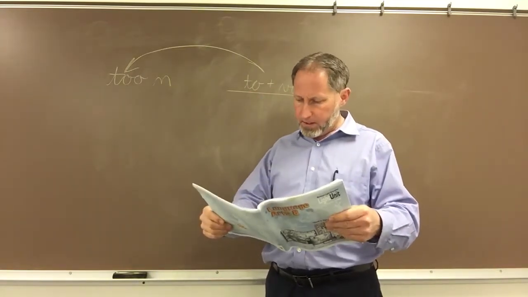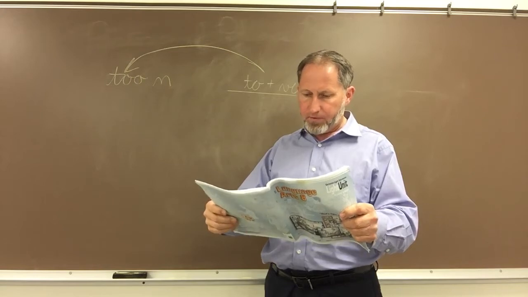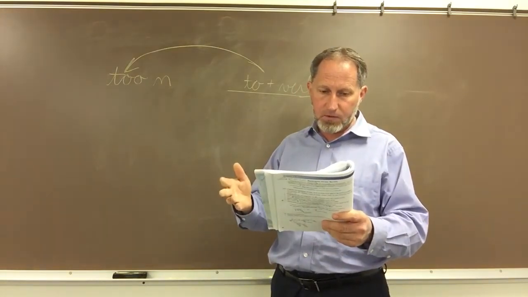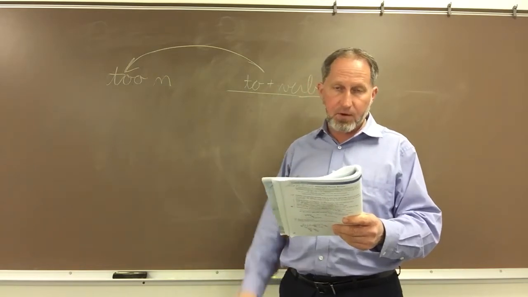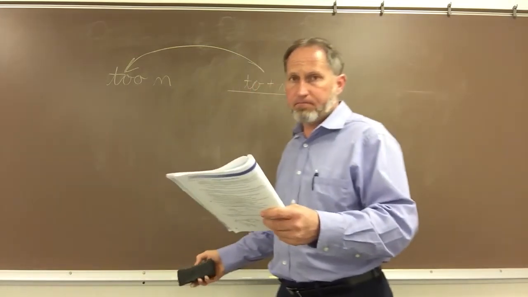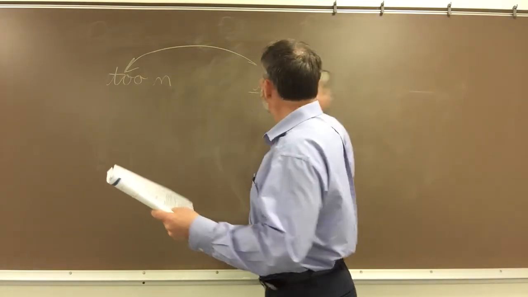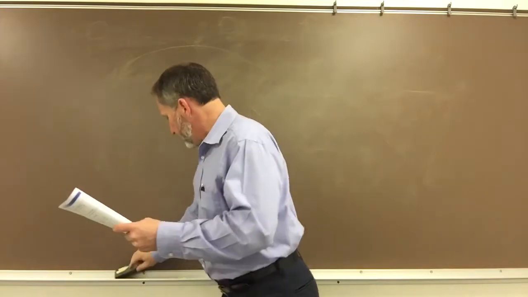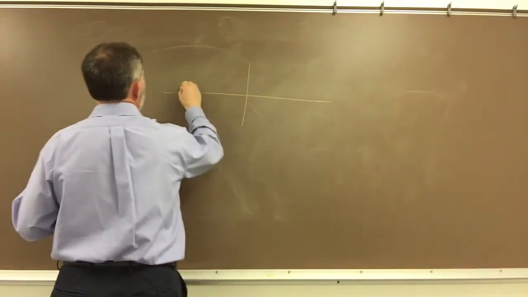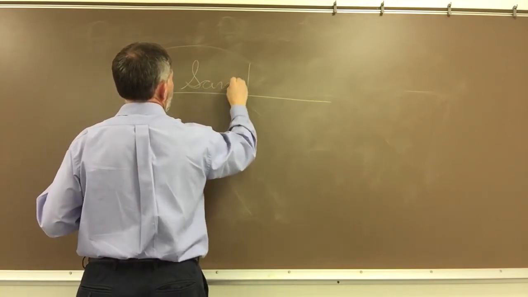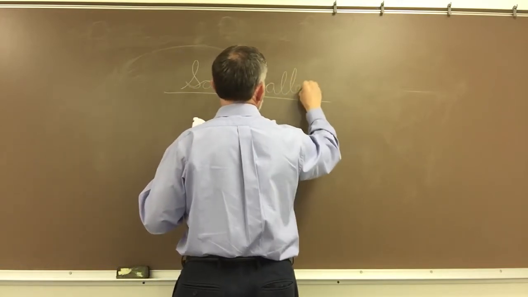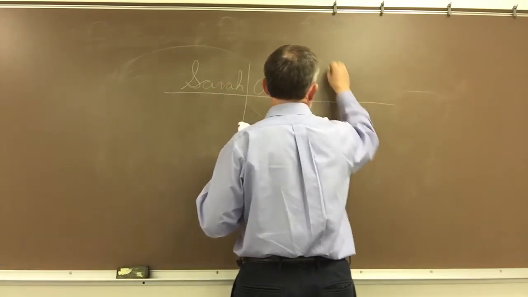Now, where were we? Why don't you go back to page 45, number 11, and look at that diagram. You already did this one, but there's an example of diagramming an infinitive. You should have diagrammed number 11 this way. You had Sarah, and she called. What was called?